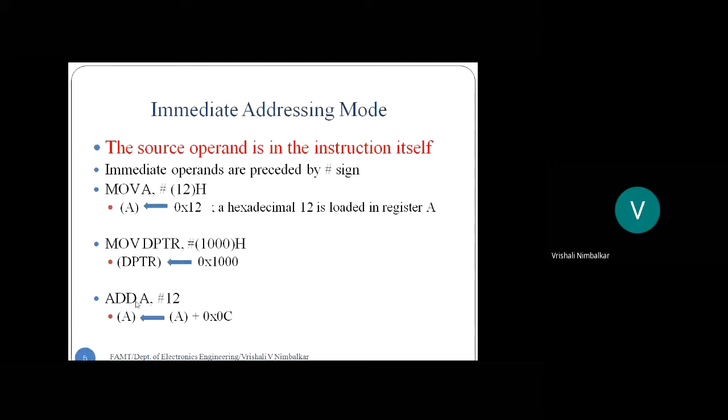But for ADD A, 12 hex, I will never use immediate addressing for arithmetic and logic operations. Why? Because if I want to add some other number, I have to find this instruction and change that 12 hex. It is not that every time I'll be adding 12. So use immediate addressing mode only when the data is constant throughout the program, or else not.